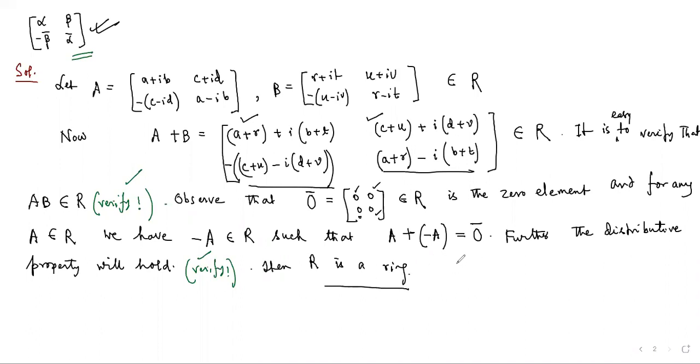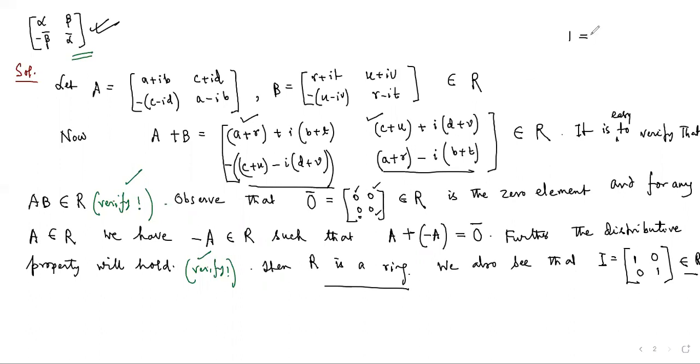Not only this, we also see that the identity element [1, 0; 0, 1] also belongs to R. Why?